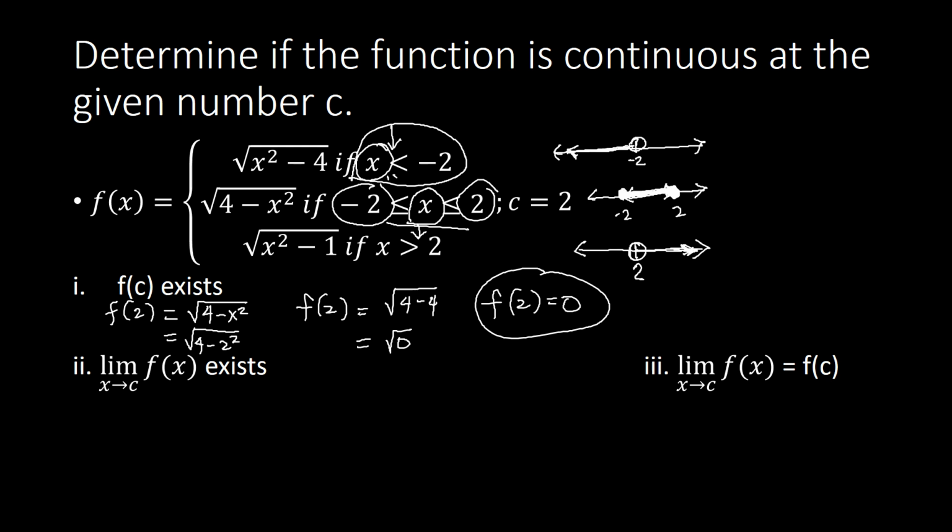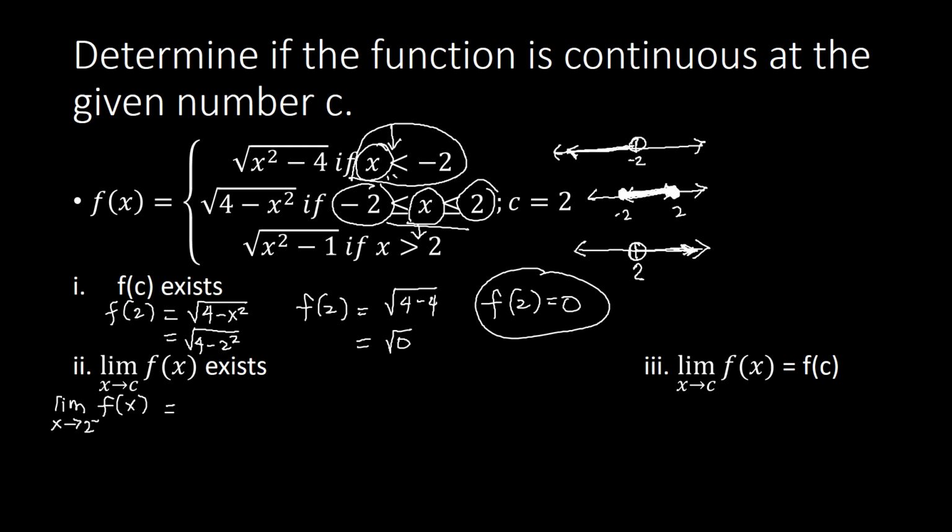So since this is again a piecewise function, we'll be checking on the limit from the left side of our function. So limit of f of x as x approaches the c value, which is 2, coming from the left side. We're now considering the values coming from the left side of 2.